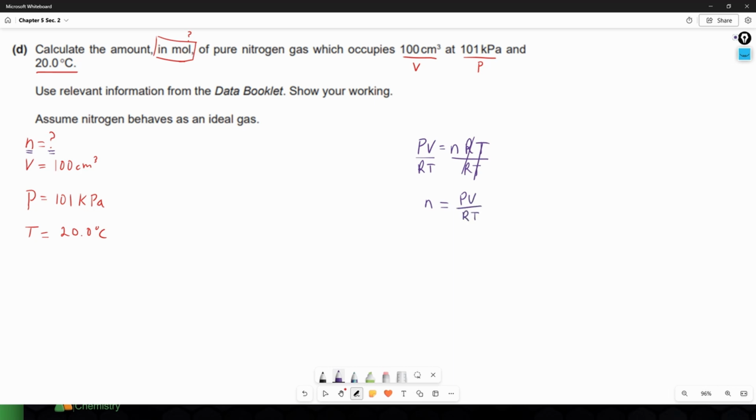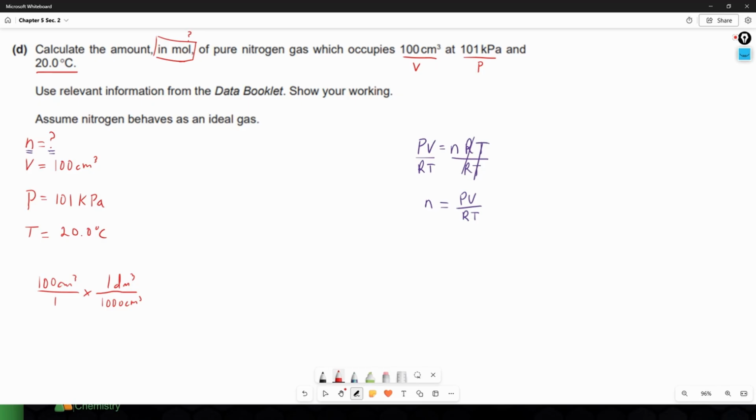Now, before we actually plug in these numbers, we need to make sure that each number is in the proper units. Because remember, volume needs to be in meters cubed, but here we have it in cubic centimeters. If we have 100 cubic centimeters, and normally you wouldn't have to show all of this work, but we know that 1,000 cubic centimeters is equal to 1 cubic decimeter.